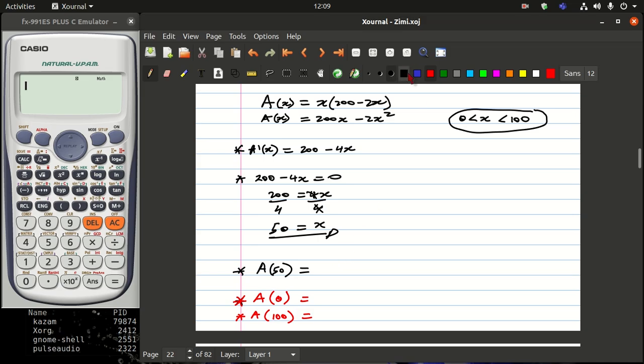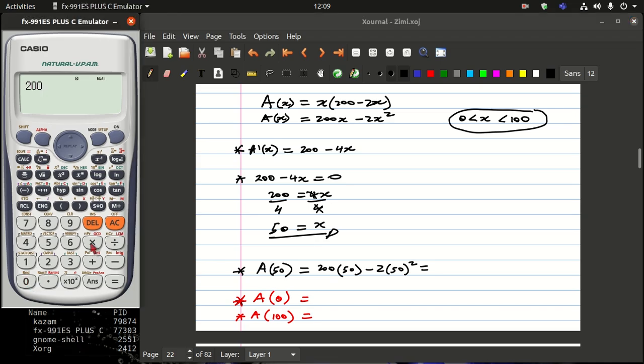Now, you take this 50 and plug it into the original area. It's going to be 200 times 50 minus 2 times 50 squared.